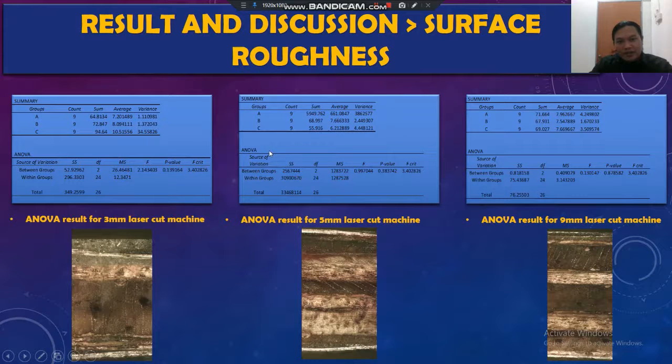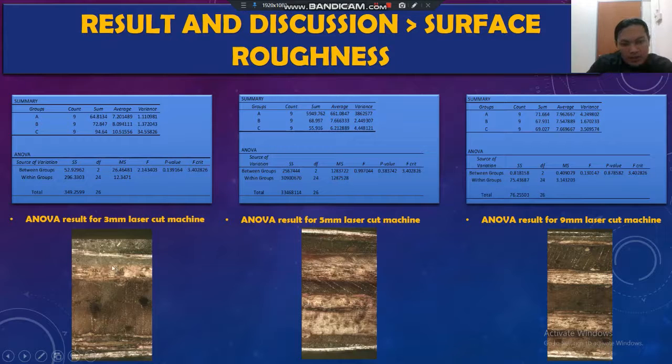So this is my analysis for the surface roughness machine. I use ANOVA. I observe based on the p-value. They have three types of parameter, which are A, B, C. A is 2000, B is 2500, C is 3700.